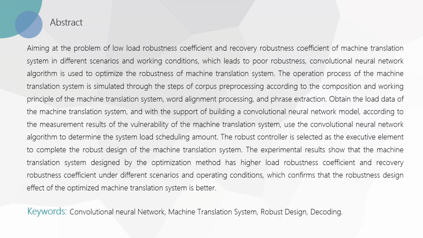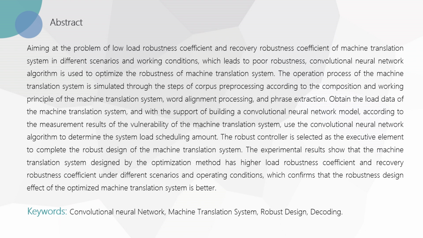The operation process of the machine translation system is simulated through the steps of corpus pre-processing according to the composition and working principle of the machine translation system, word alignment processing, and phrase extraction.